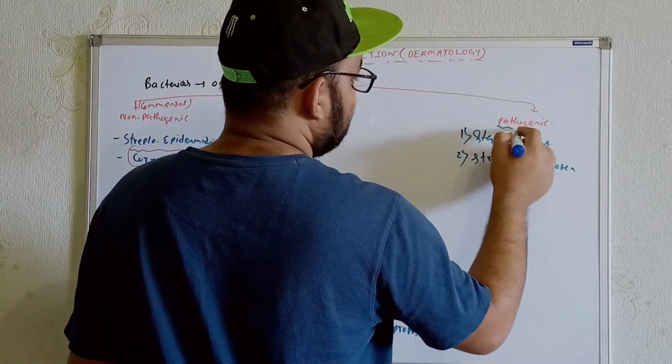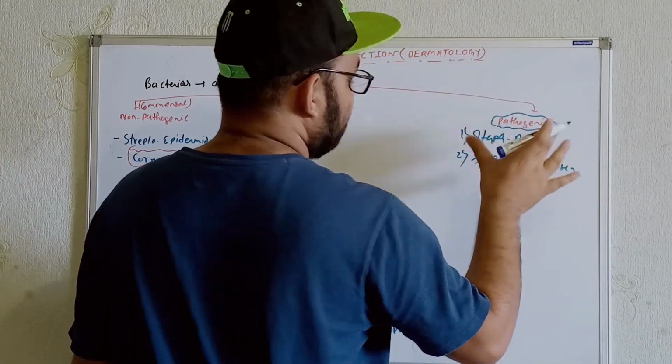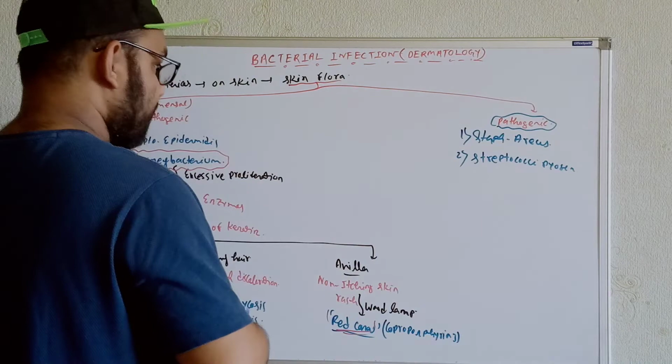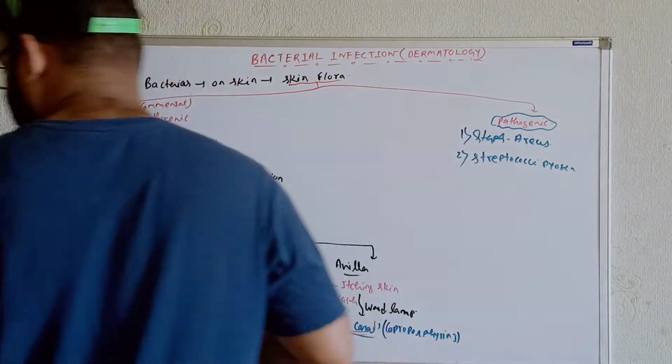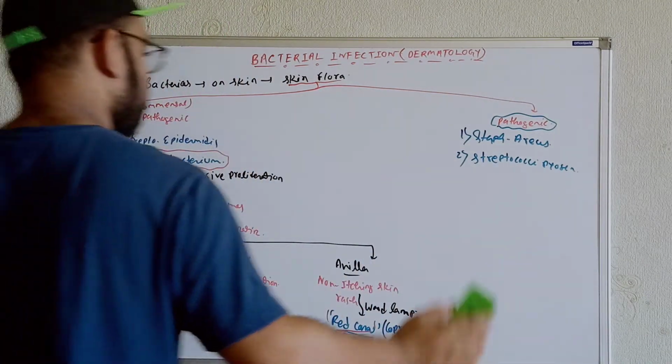Now whenever we get bacterial infections from the pathogenic bacteria, that is known as impetigo. Okay, that is known as impetigo. So I'm writing it over here, then we'll talk about them and the results.